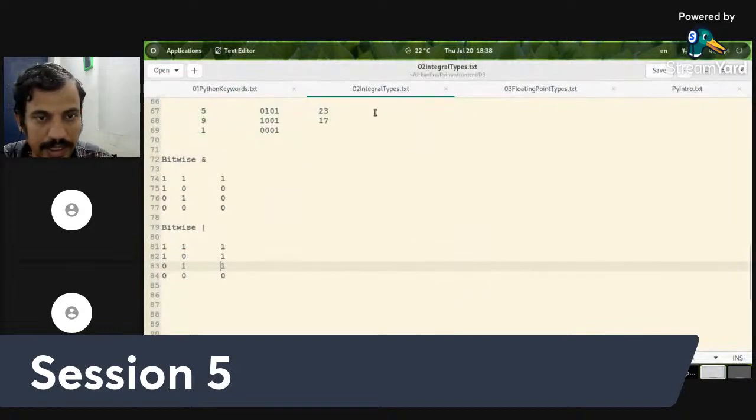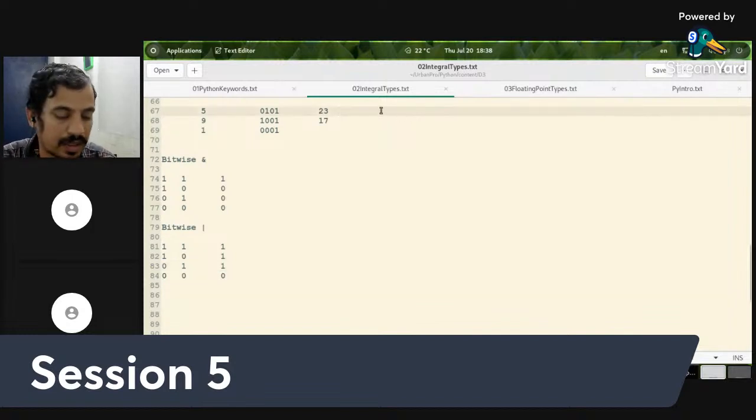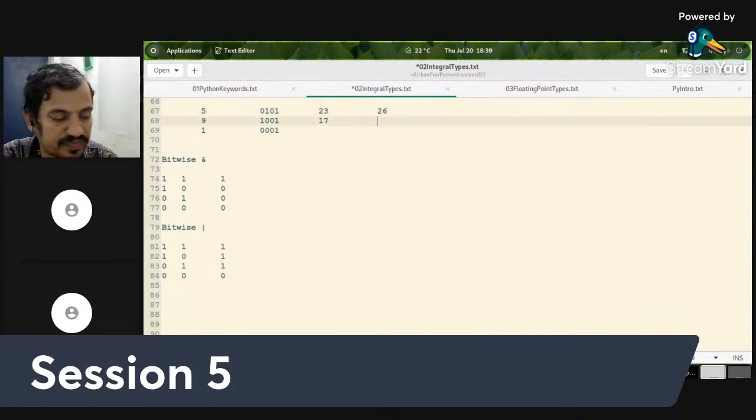Let's take another set of values. Let's take one even number and one odd number. Let's take the value 26 and 35.